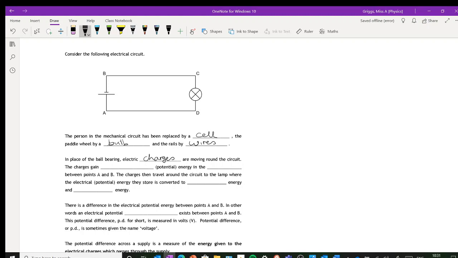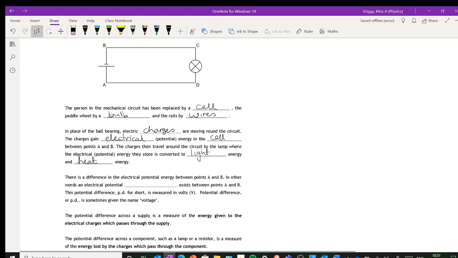So instead of gaining gravitational potential energy, the charges gain electrical potential energy in the cell between points A and B. The charges then travel around the circuit to the lamp, where the electrical potential energy is converted into, and we know this because we know that lamps convert electrical energy into light energy and heat energy.